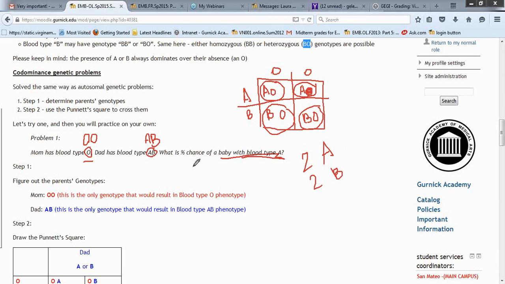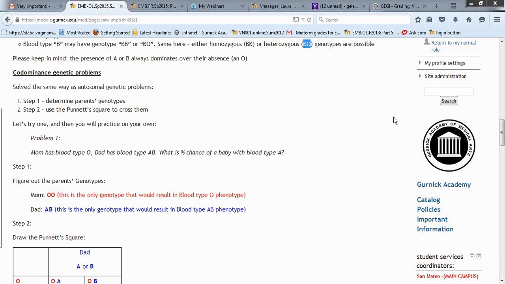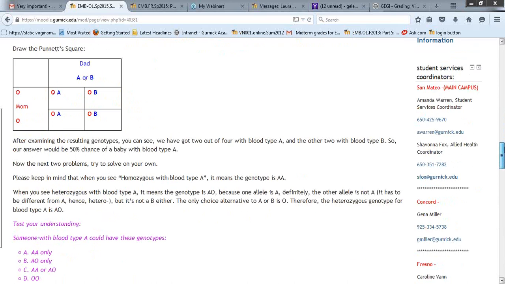So it's asking what's the percent chance of a blood type A baby? That would be 2 out of 4. That would be 50%. All right. So once again, it's very important that you read the problem and see what it says.